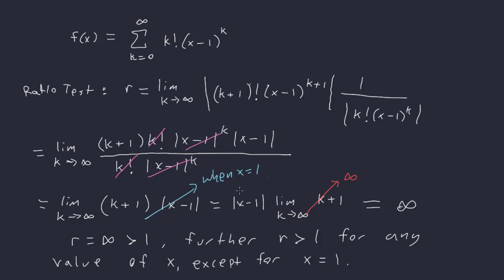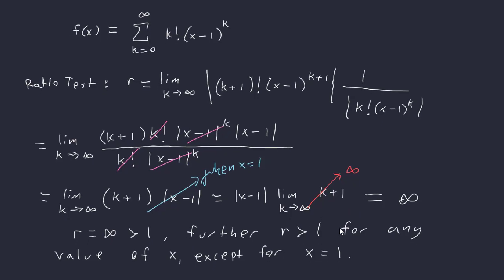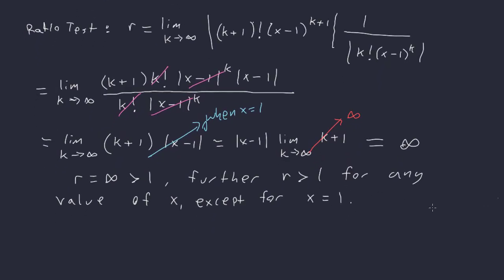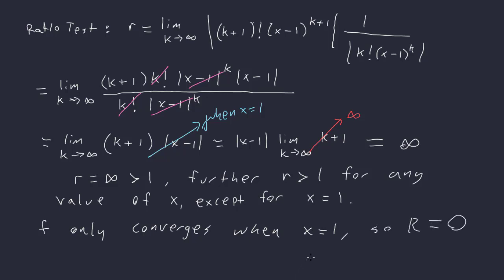Actually, I shouldn't do that because of the factorial, but when x is equal to 1, this thing goes to 0. Okay? So this means that f only converges when x is equal to 1, so the radius of convergence is 0. And the interval of convergence, well, it's really just the element 1.